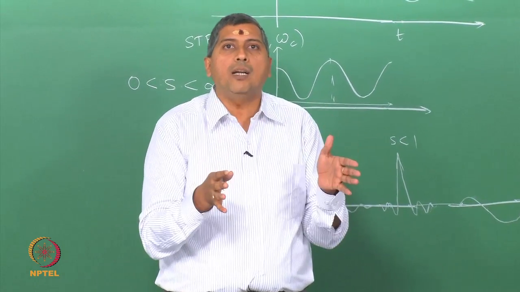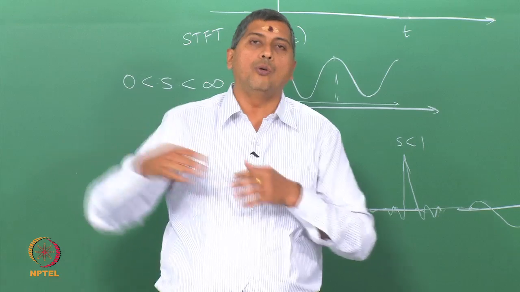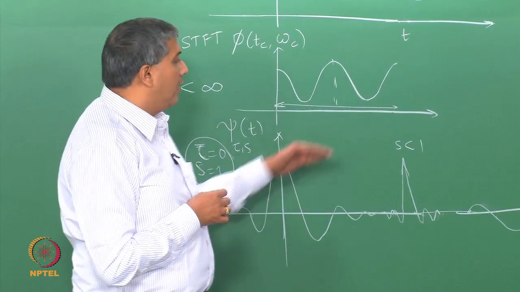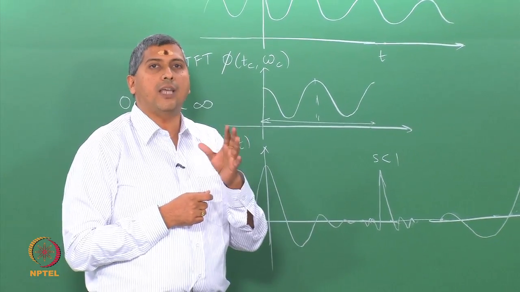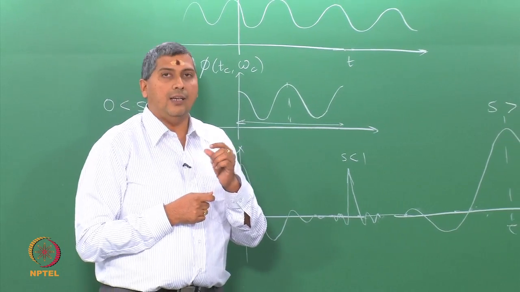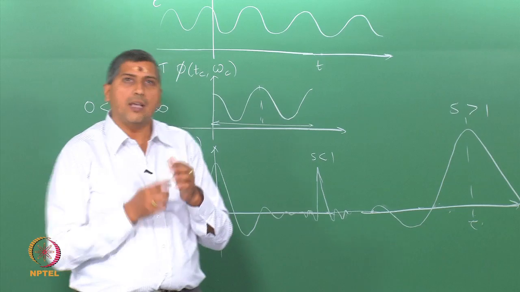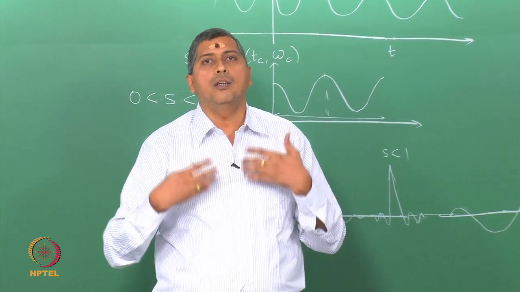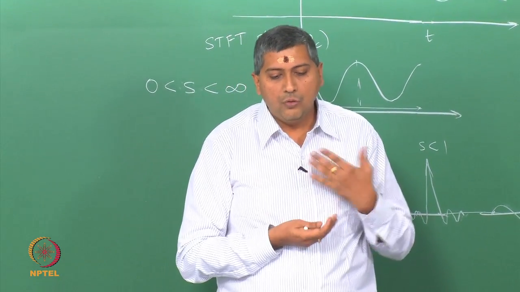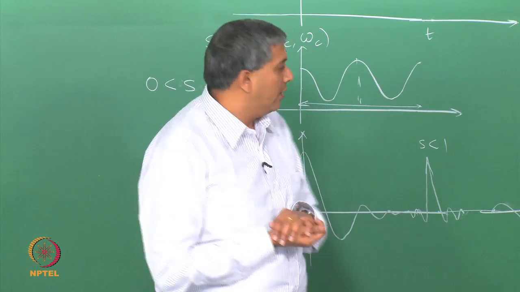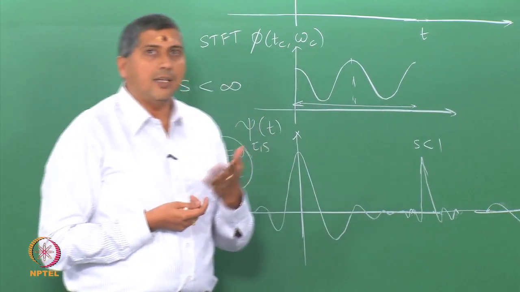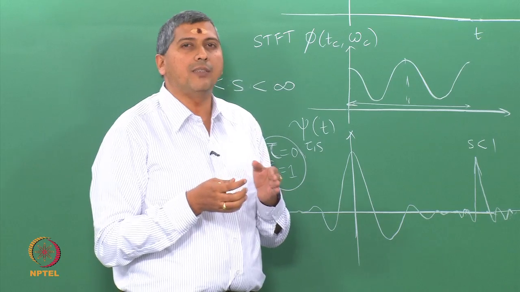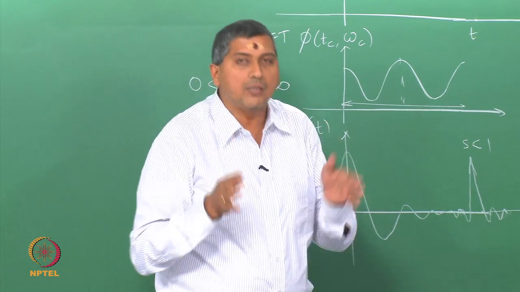Remember, we are going from a one dimensional signal representation to a two dimensional representation, and likewise for scales as well. When I look at two very finely spaced scales, and that is the analysis at two finely spaced scales, again I am going to generate a lot of redundancy. Now, this is not desirable in many applications, the classic application being signal compression, where I would like to represent the signal in as few numbers as possible.